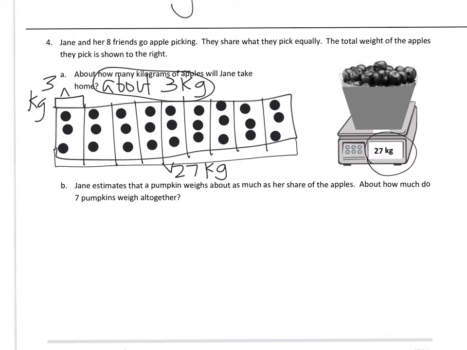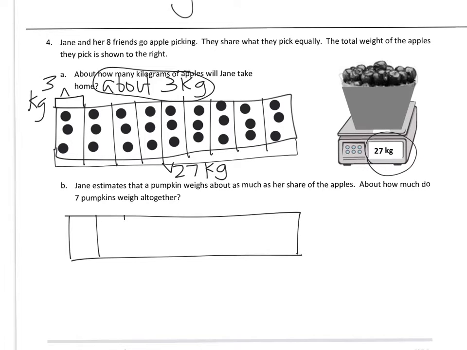Jane estimates that a pumpkin weighs about as much as her share of the apples. About how much do 7 pumpkins weigh all together? So we know that each person got 3 kilograms of apples. So she says that 1 pumpkin does.